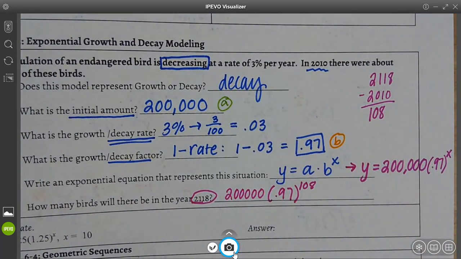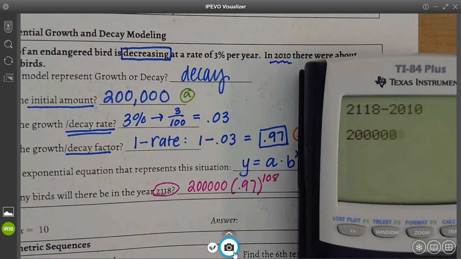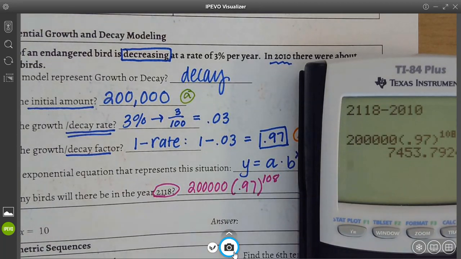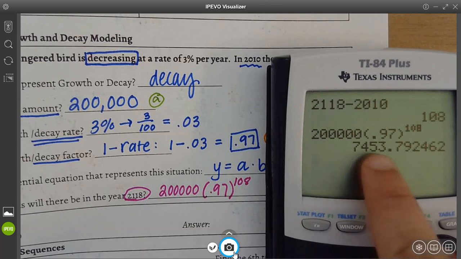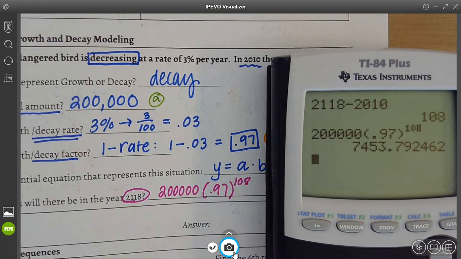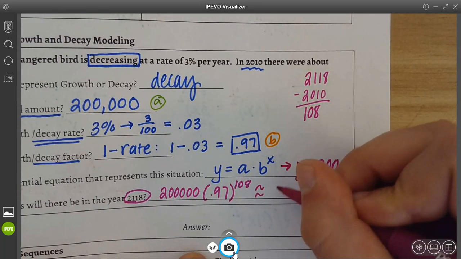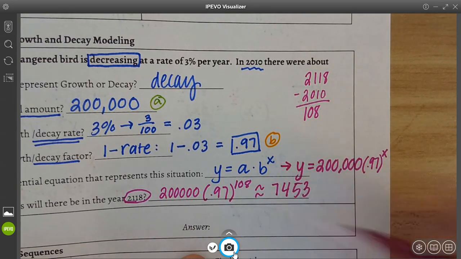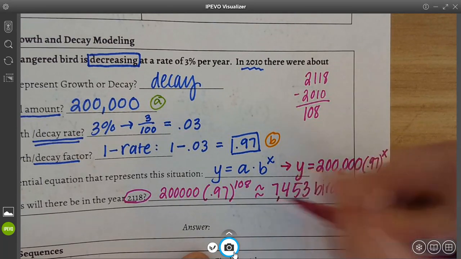That becomes our exponent, and that's something I can type in my calculator. 200,000 times 0.97 raised to the 108 power. So there will be around 7,453.8 birds. I'm going to just round because you can't have 0.8 of a bird. So I'm going to round to 7,453 birds.